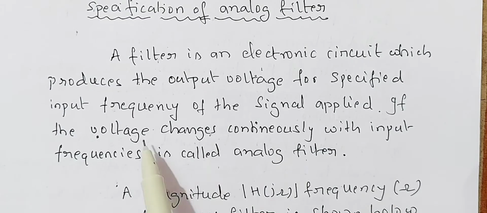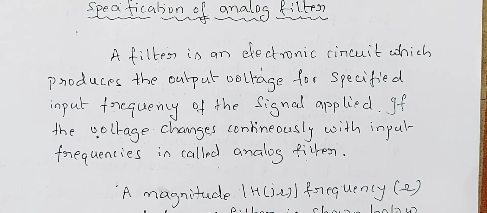If the output voltage changes continuously with respect to the input voltage, then it is called an analog filter. There should not be any discontinuity of the voltage at the output. The output voltage should be varying continuously with the application of the input voltage.